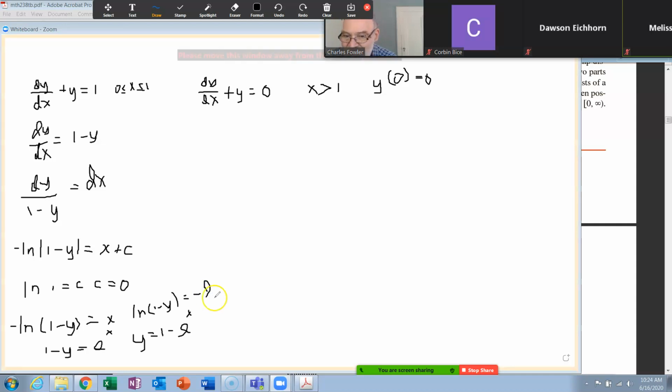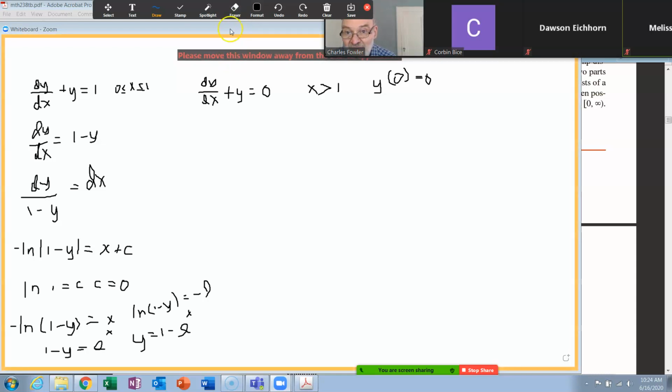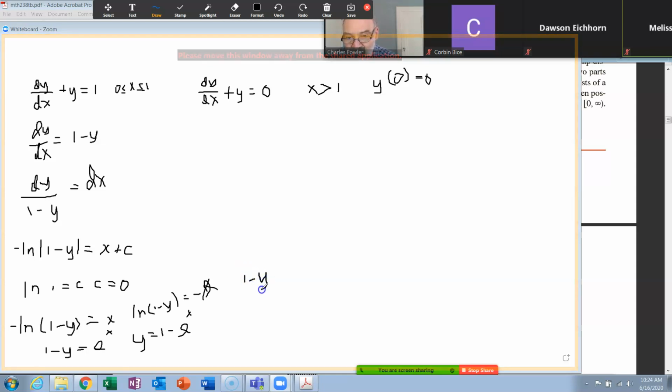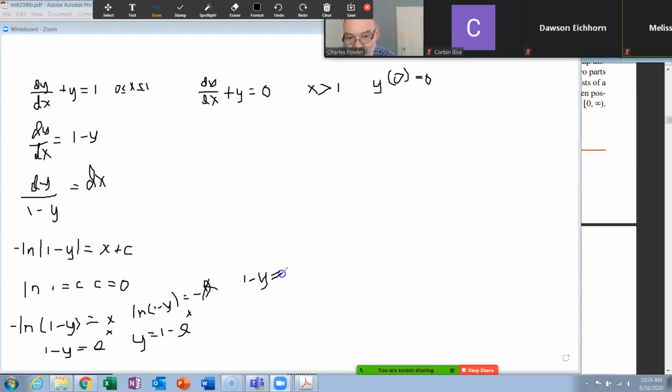Yeah, that's supposed to be an x. And my eraser is still not working. Nothing's working. This is negative x. Sorry about that, I can't get my eraser to work. So then you e both sides of this, and you get 1 minus y is equal to e to the minus x.